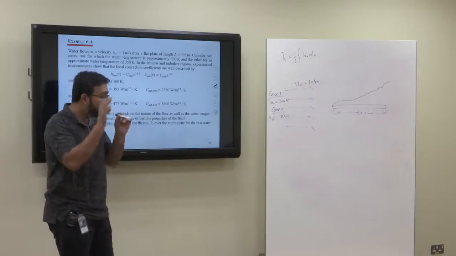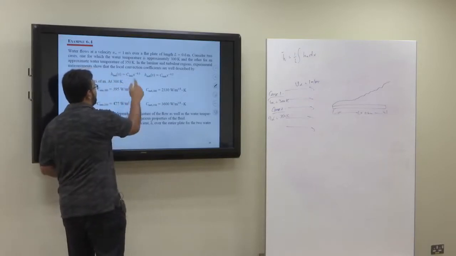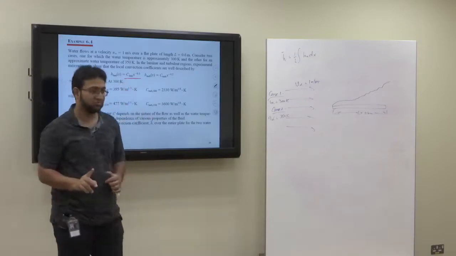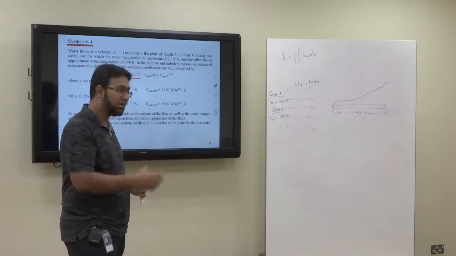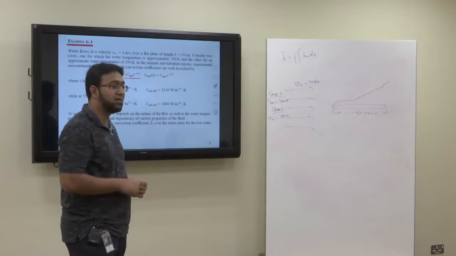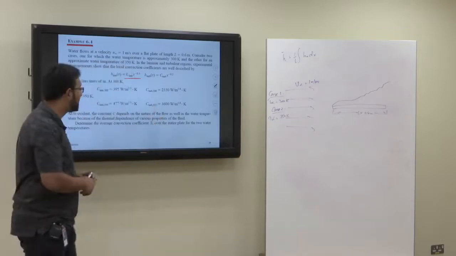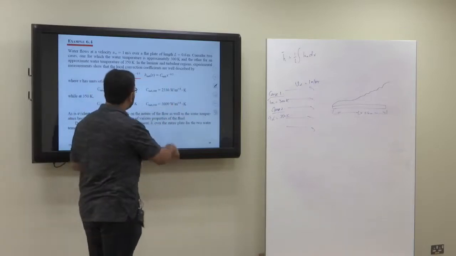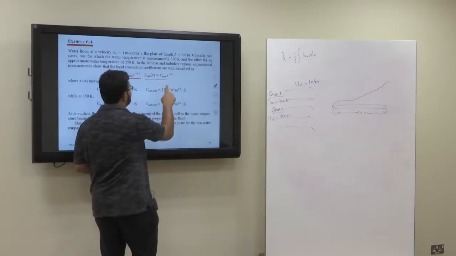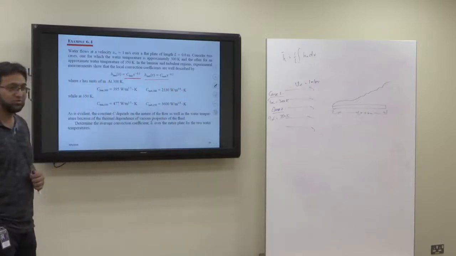For the laminar region, the heat transfer coefficient is governed by this equation: h equals C laminar, which is a constant for the laminar case, times x raised to the power negative 0.5. For the turbulent case, if the flow becomes turbulent, h equals C turbulent times x raised to the power negative 0.2.